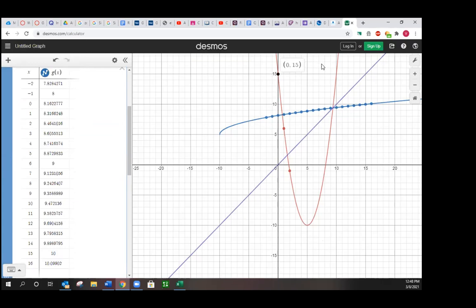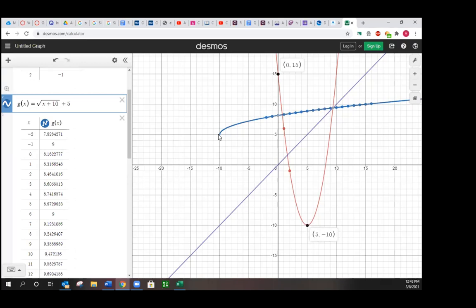So if this left side isn't working, where should it start to work? Do y'all see this dot I just put on here at 5, negative 10, the vertex? If this is a proper inverse, then what do you think this point is right here? Well, do y'all see that though? Negative 10, 5. So do you see how that's inverses of each other?